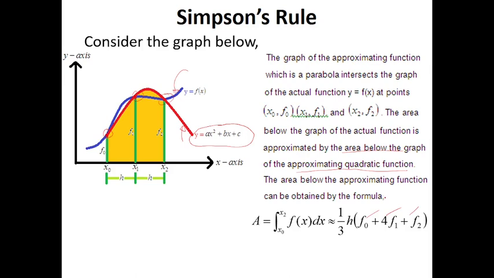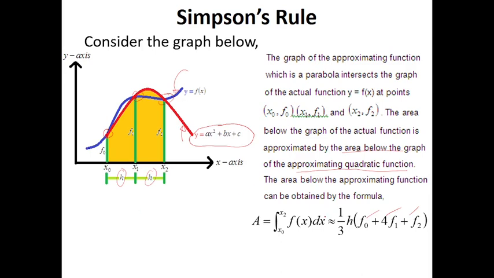So that is the formula. 1/3 h, so 1/3 of this value, where h is the interval, which is the same as the interval between x sub 1 and x sub 2.